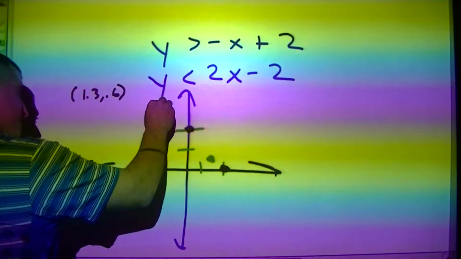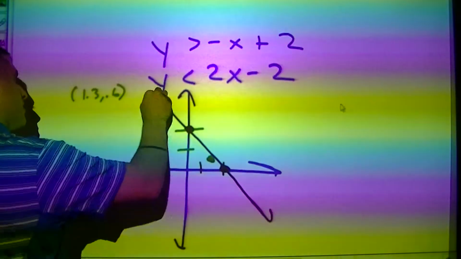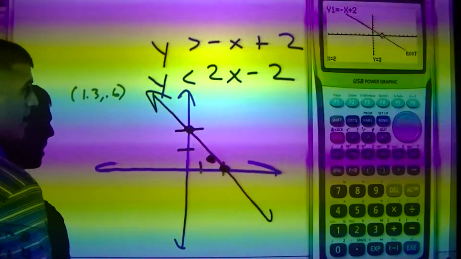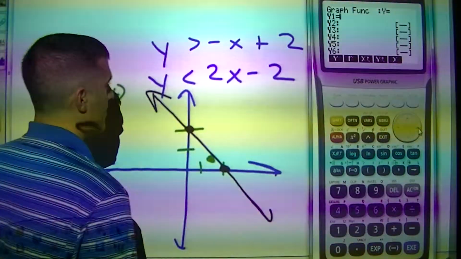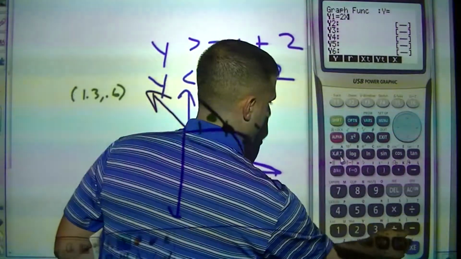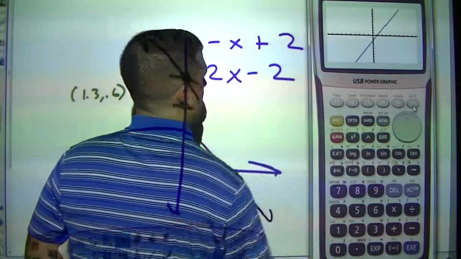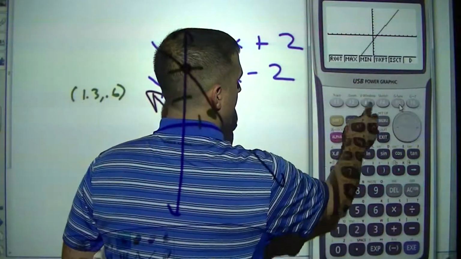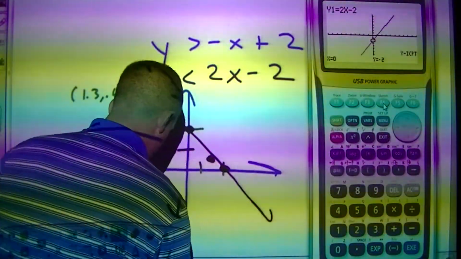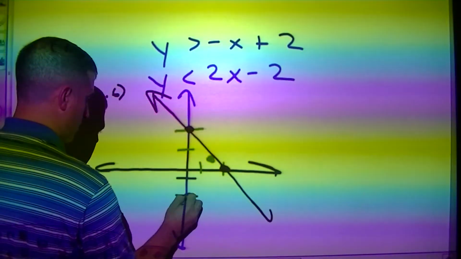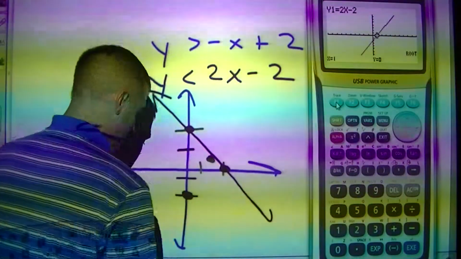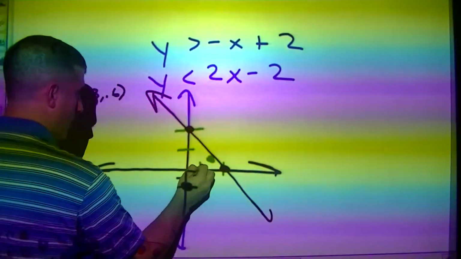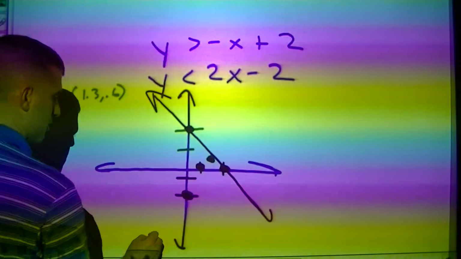So that's this line going right through there. Then I'm going to delete this one and do 2x minus 2. Draw. G-Solve y-intercept, I get negative 2. G-Solve root, I get 1, 0. This is the point that I originally wanted.